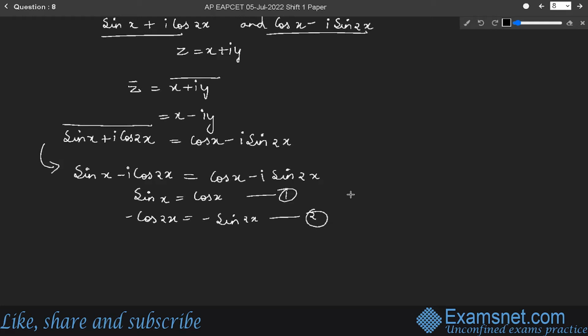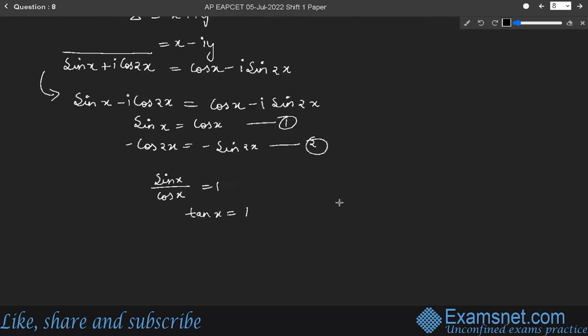From equation 1, sin x upon cos x is equal to 1. Therefore, tan x is equal to 1. Now, from equation 2, similarly, tan 2x will be equal to 1.